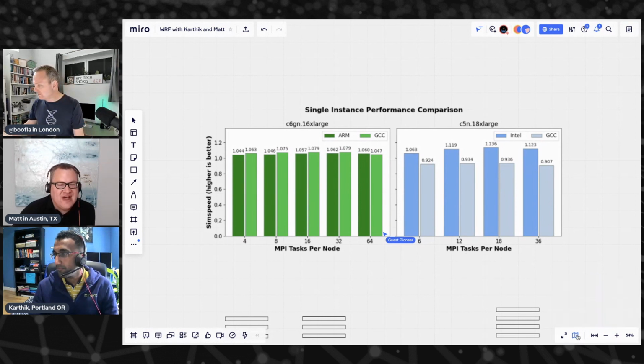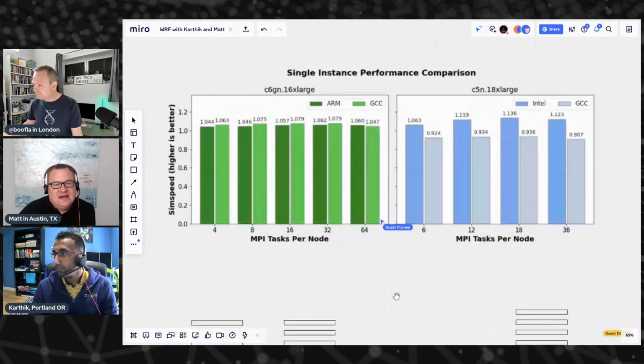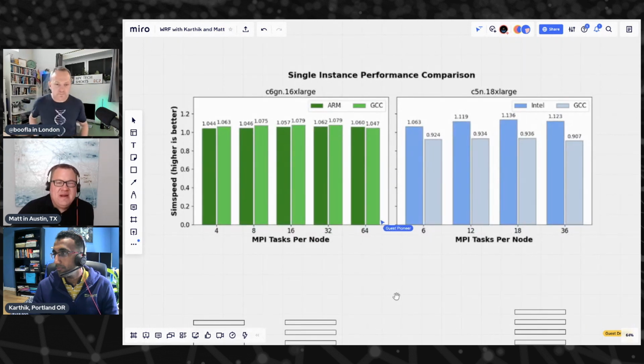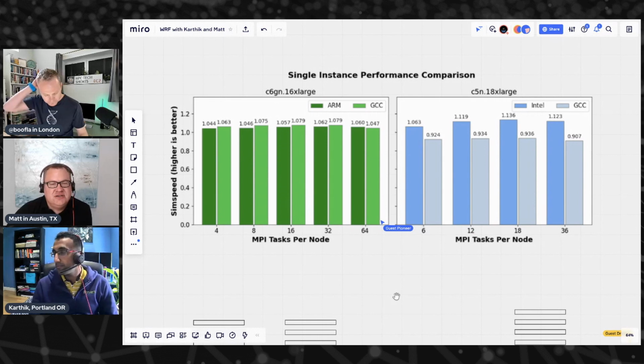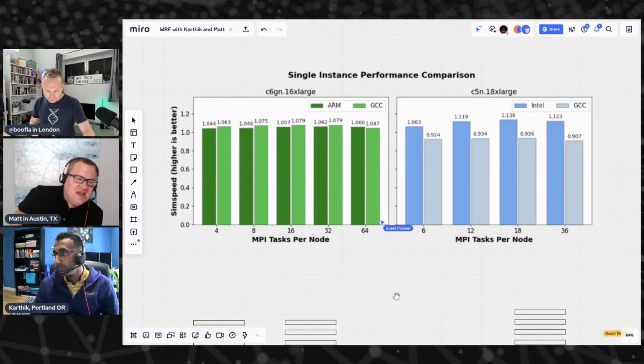That's a full socket, with 64 cores. We compared it against a really commonly used Intel platform that our HPC customers use, which is a C5n.18xlarge. It's Skylake-based, with 36 physical cores spread across two sockets. The first thing was to understand the performance on that single instance.